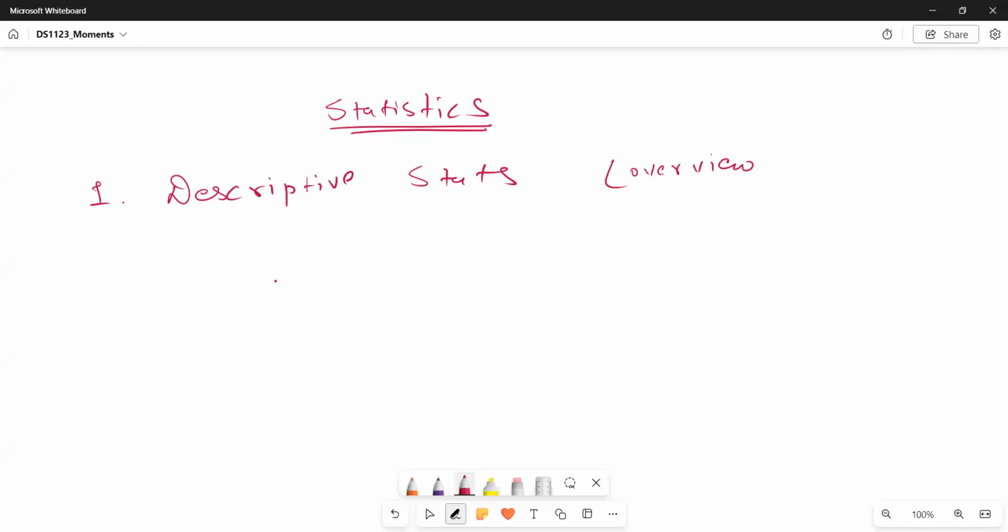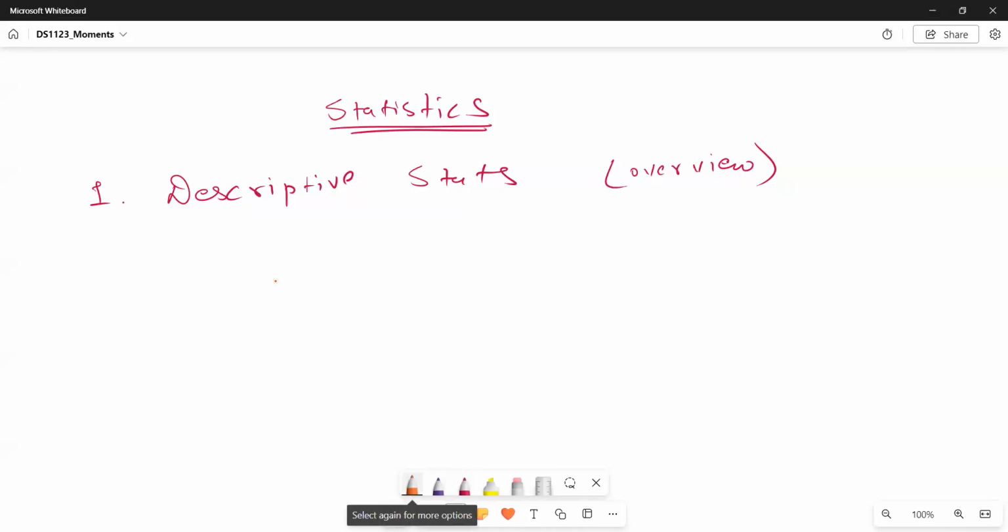There are a lot of things that fall into this part of statistics, where you get to know about the data and its individual columns, right? There are various parameters on which descriptive statistics work, so we'll be discussing this.